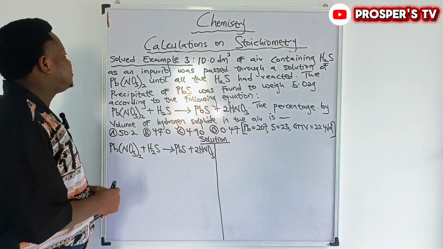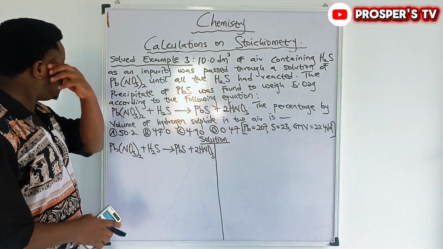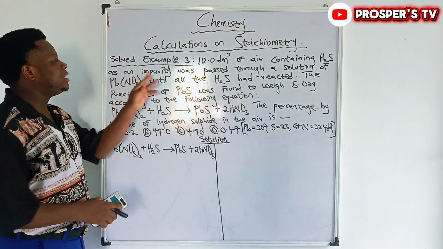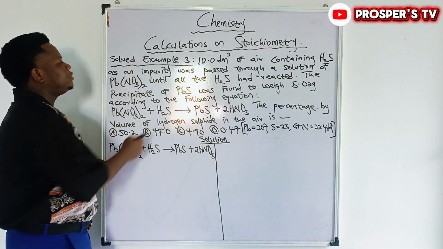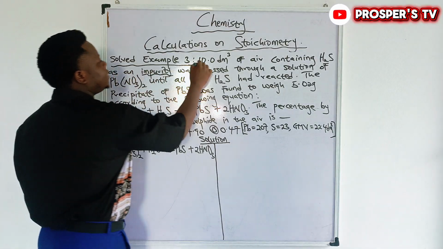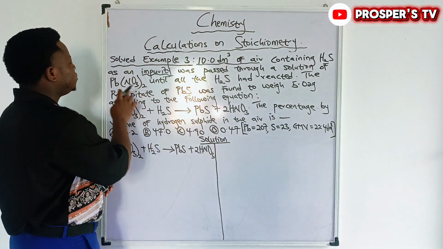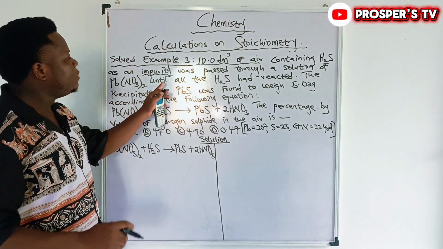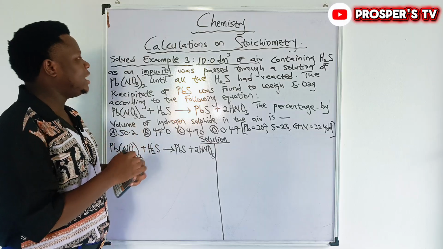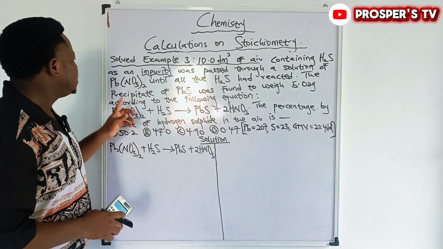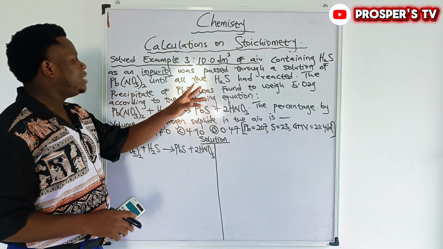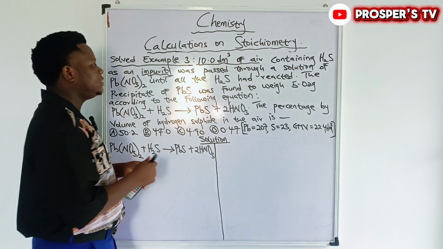Okay, now let's look at this problem together. They said 10 dm cube of air containing hydrogen sulfide as an impurity. So hydrogen sulfide was an impurity inside 10 dm cube of air. Okay, was passed through a solution of lead nitrate until all the hydrogen sulfide had reacted. The precipitate of lead sulfide was found to weigh that.